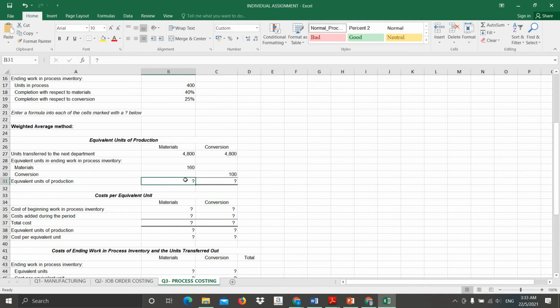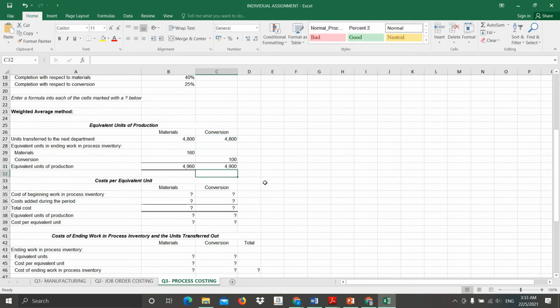Then to get the equivalent units of production, we add the 4,800 and 164 materials, and for conversion we add 4,800 with 100 for conversion.